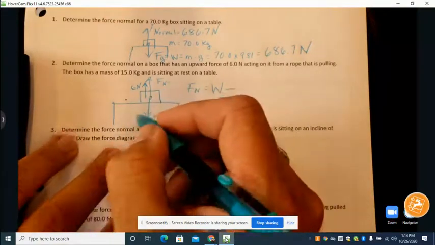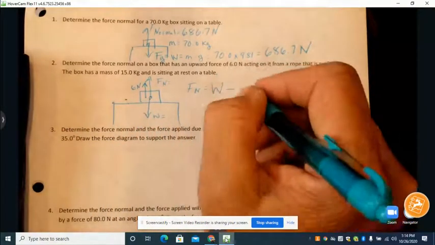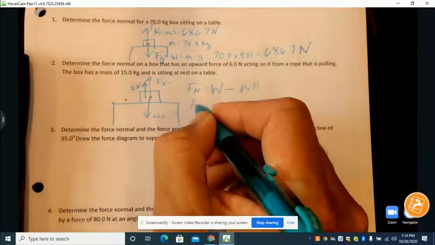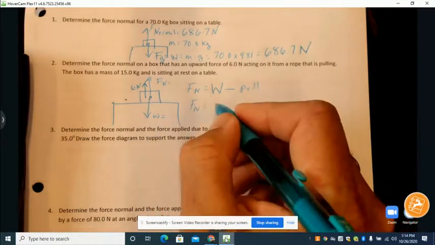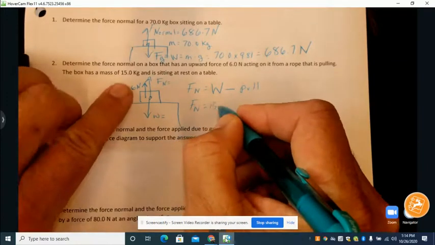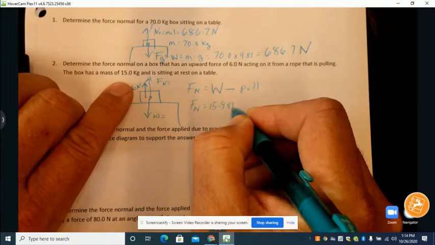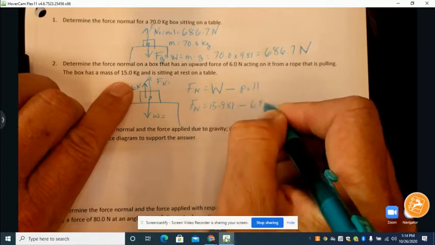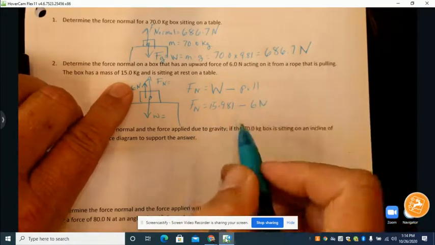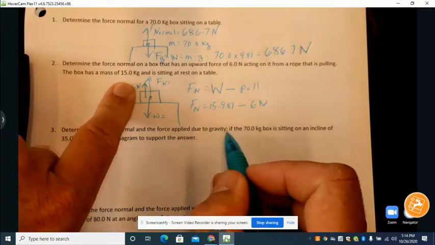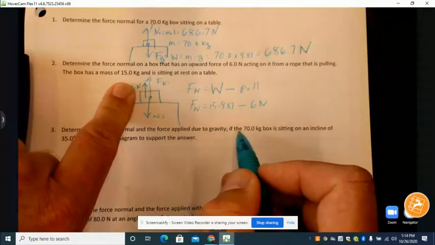You see that? Any pull that's acting on it. So what's the force normal? 15 kilograms times 9.81 minus 6 newtons. Lordy, I hope y'all see why I brought that block of wood out here with that orange, yellow rope on it, whatever color rope it is.